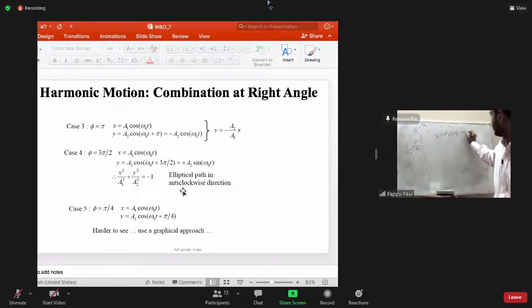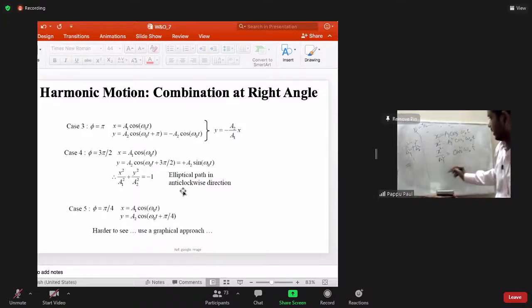a1 cos omega naught t, and if we square this graph, x square will be a1 square cos squared omega naught t. So we can find x square by a1 square cos square omega naught t.